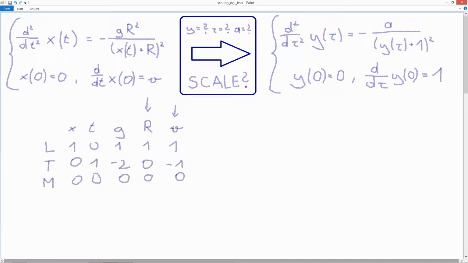Now we have to write the columns of X, T and G as a linear combination of these two picked columns. Let's do this. So we have to write 1, 0, 0, which is the X column, as a linear combination of these two picked columns. This is pretty easy because this is 1 times 1, 0, 0.